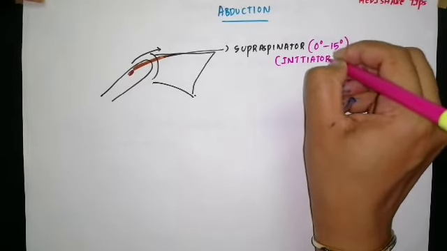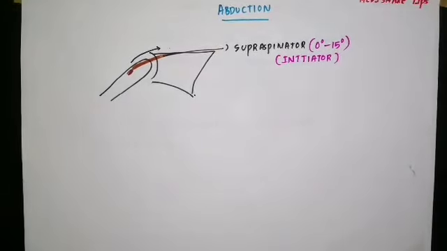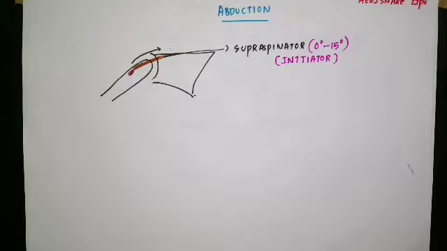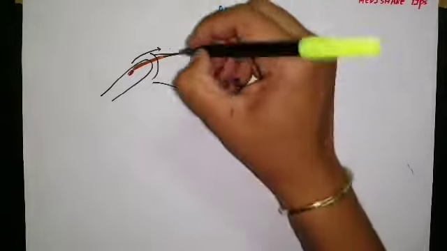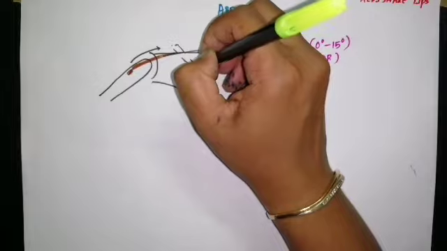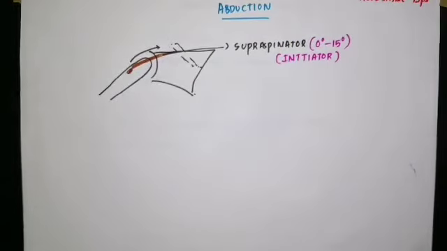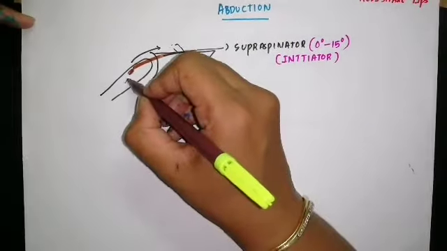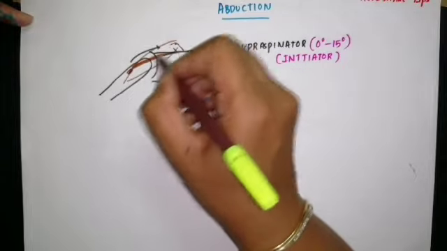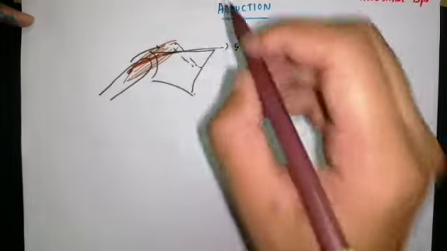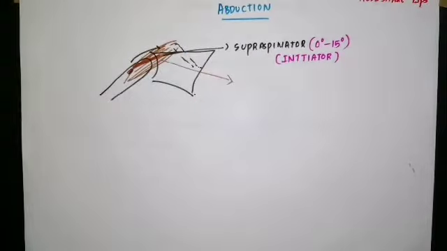Now from 15 to 90 degrees, this is being carried out by the deltoid muscle. So deltoid.